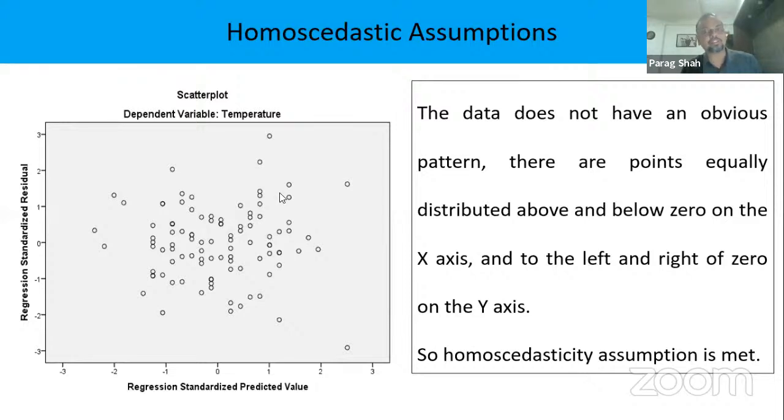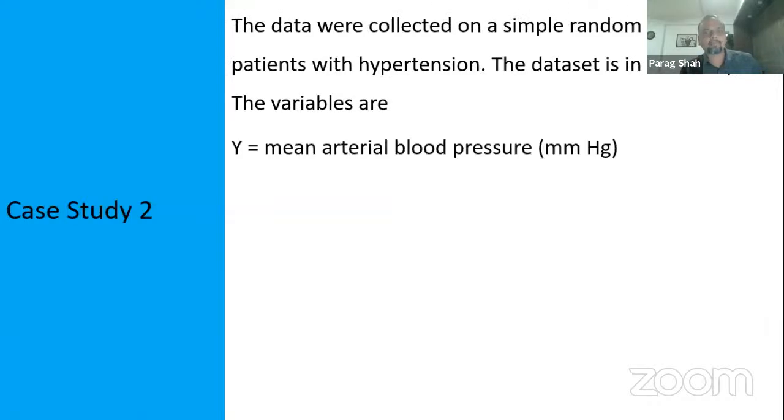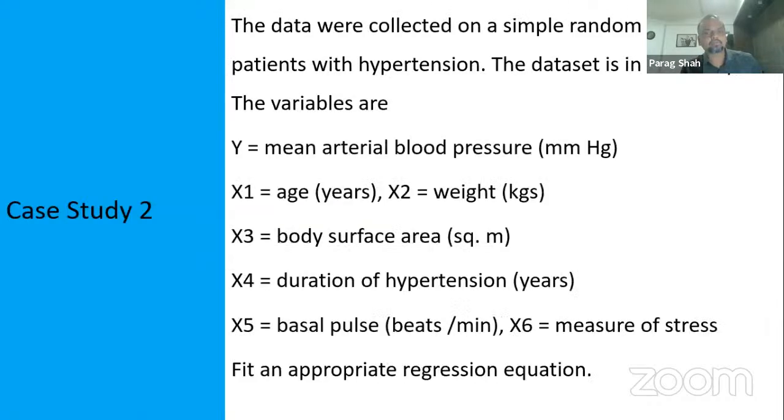It is necessary to check the assumptions here. So, second data. I'm taking now, this is mean arterial blood pressure. So in simple words, it is blood pressure.